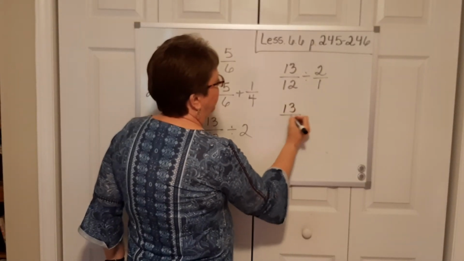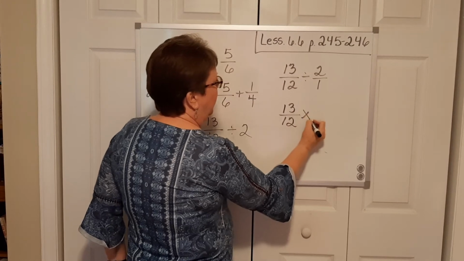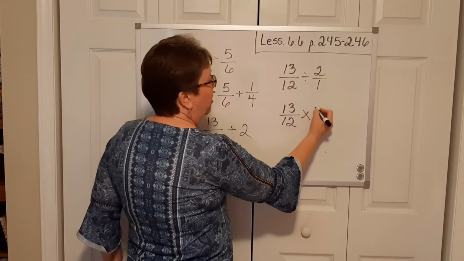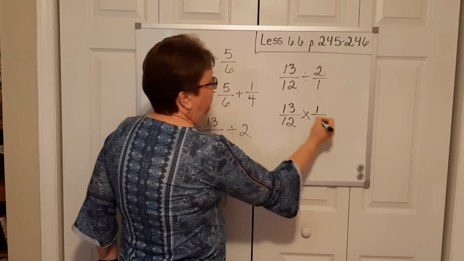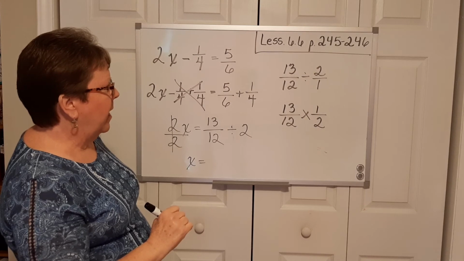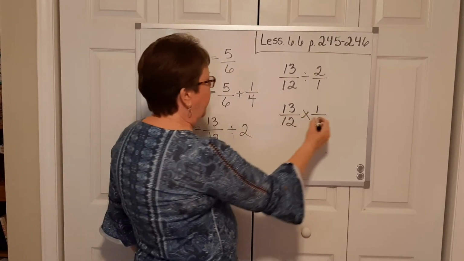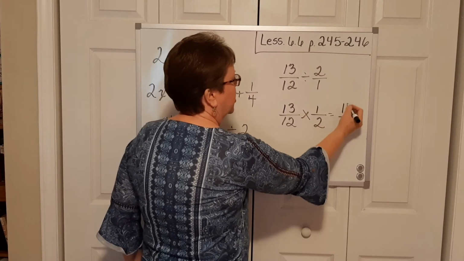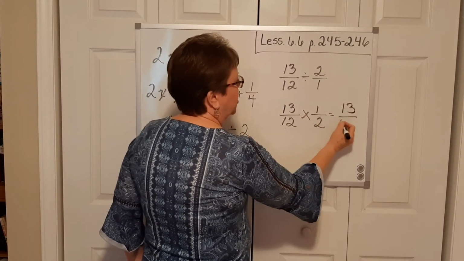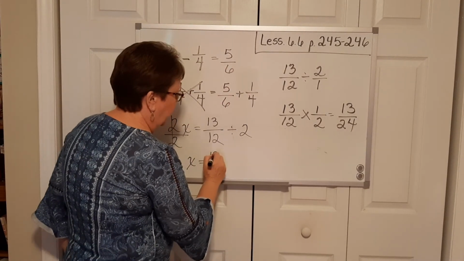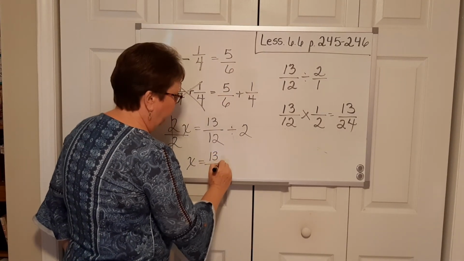So we have 13 over 12 times, then we got to flip that, okay, to do multiplication, which would make it 1/2. Okay? All right, now, we can't do any cancellation there, so let's multiply it out. 13 times 1 is 13. 12 times 2 is 24. So our answer is 13 over 24.